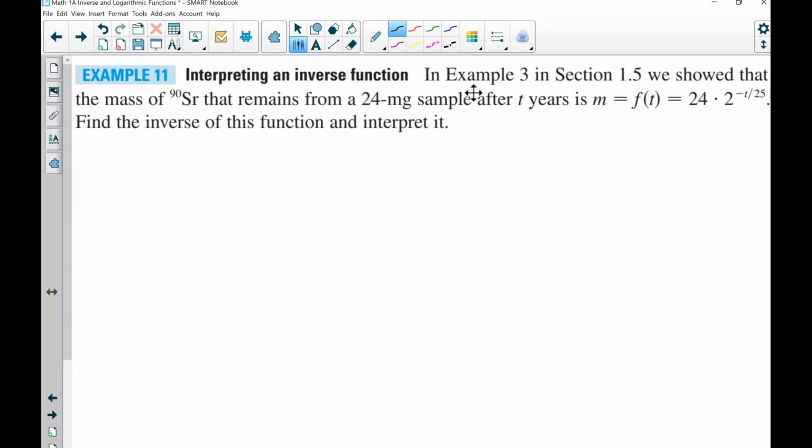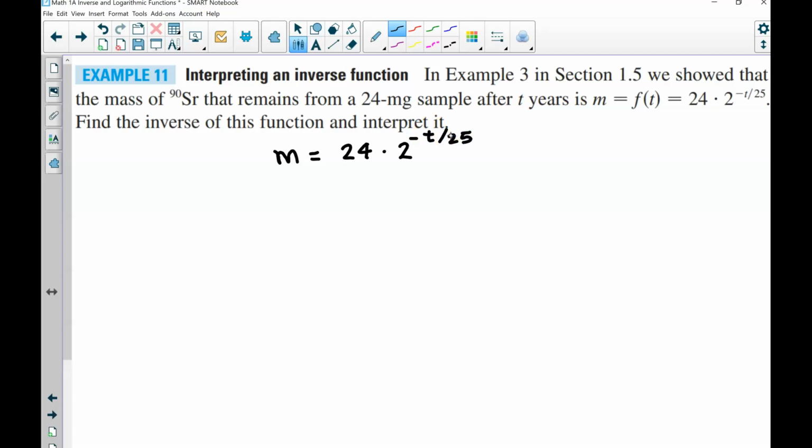We want to find the inverse of this function and then interpret it. In order to solve this equation, we first need to start by isolating the exponential and then taking the logarithms of both sides. So starting with this function, m equals 24 times 2 to the negative t over 25.